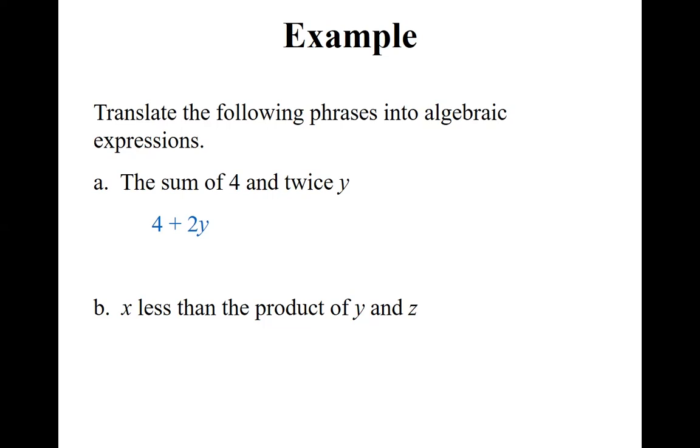We're saying x less than this, like 3 less than 5, or 17 less than 23. We're starting with the product of y and z, and then we're taking x less than that. So we are subtracting x from the product of y and z, y times z. So y times z minus x.